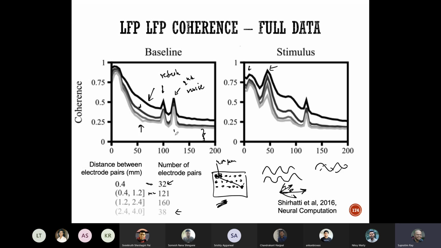But these things don't get eliminated. We did not use a notch filter though. There are ways you can notch this out completely, in which case you see a dip in the power spectrum. We did not use a notch filter. So this is actually just good shielding that has taken care of it.